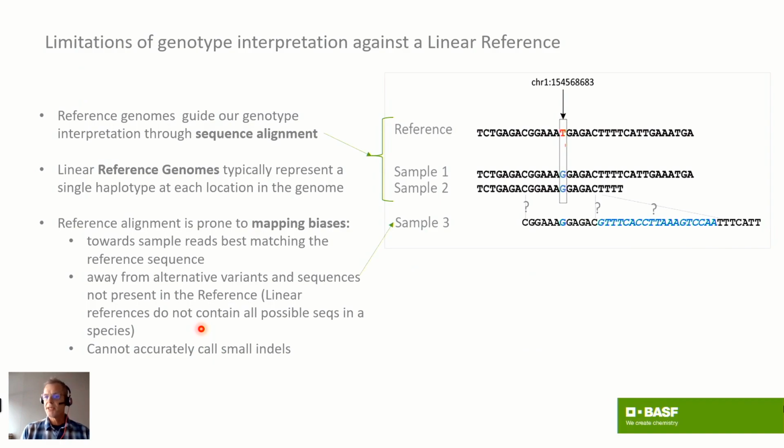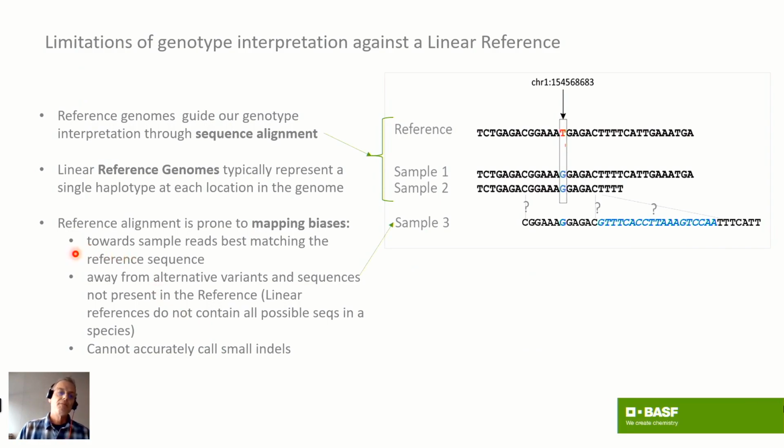But they do have some limitations. One is that the reference represents a single haplotype found in that species, and that is not indicative of the entire species, and it also causes some bias in the read mapping to that reference.